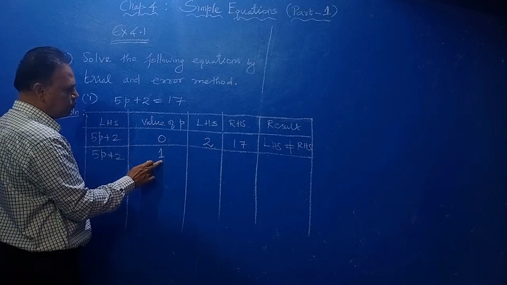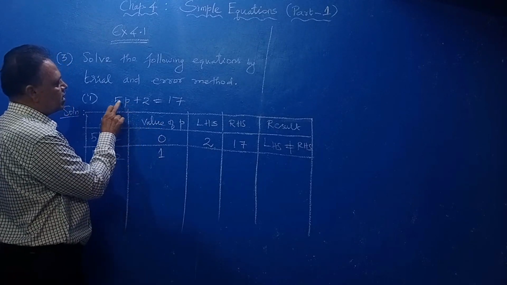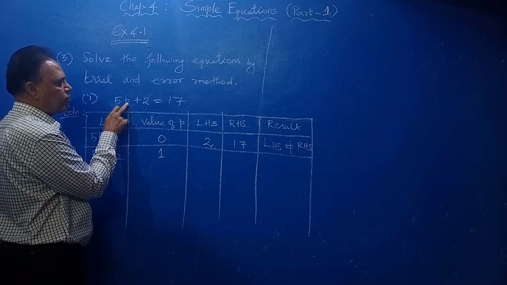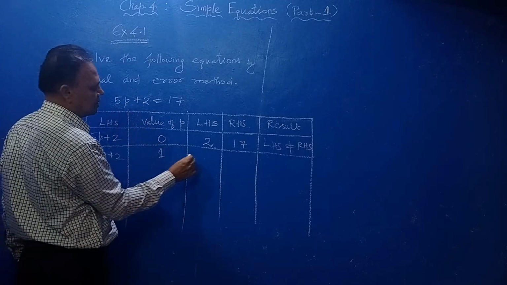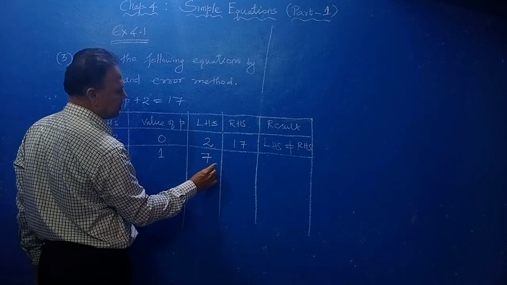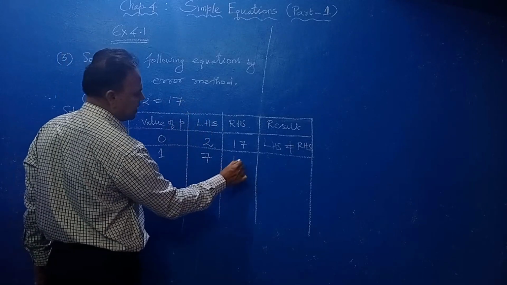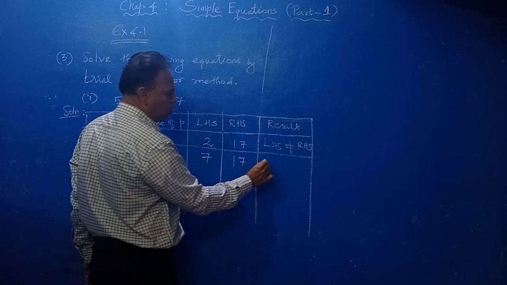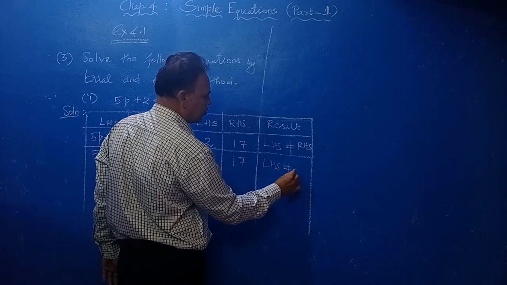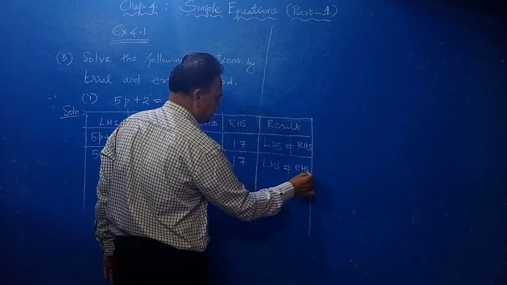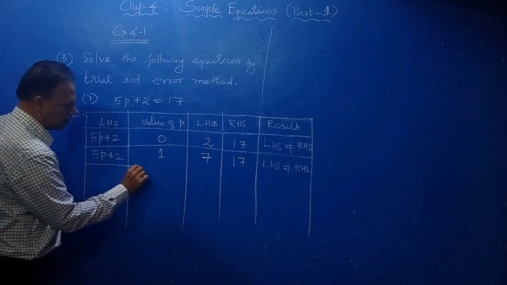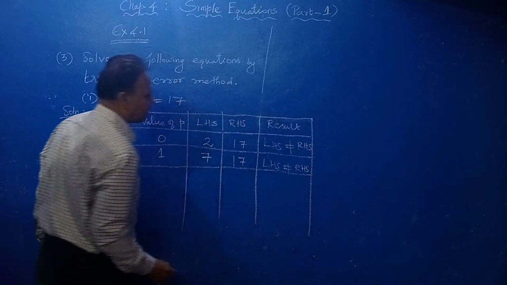Put 1 in place of p: 5 into 1 is 5, plus 2 is 7. So the left hand side is 7, but the right hand side is 17. Are these two equal? No. So LHS not equal to RHS.